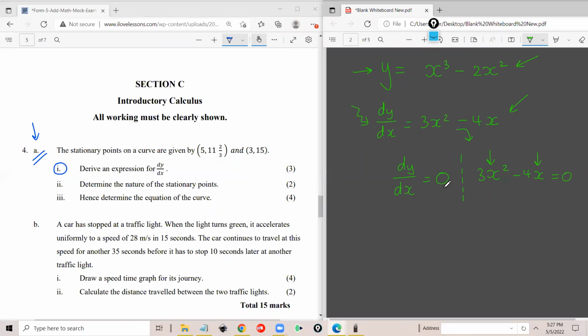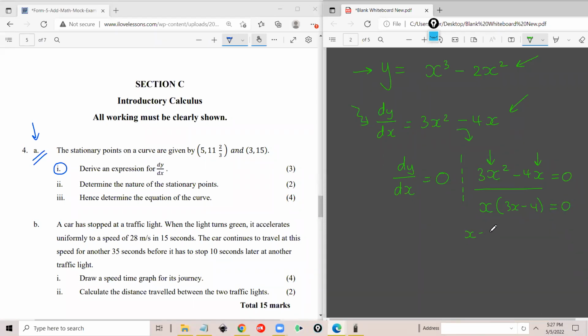Now, I'm going to repeat this. We are getting the x coordinates of the stationary points. But that only happens after we solve it. Right? And I'm just showing you, if we wanted to solve this equation to get the stationary points, what's the easiest way? Couldn't we just factorize out x and get 3x minus 4 and put it equal to 0?